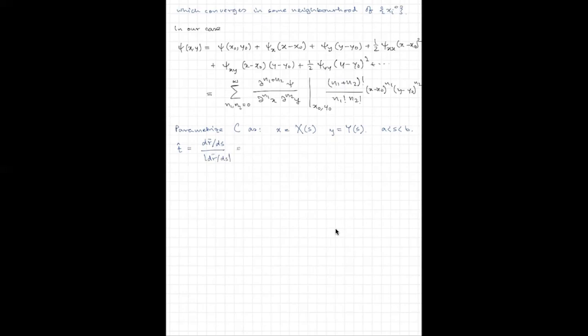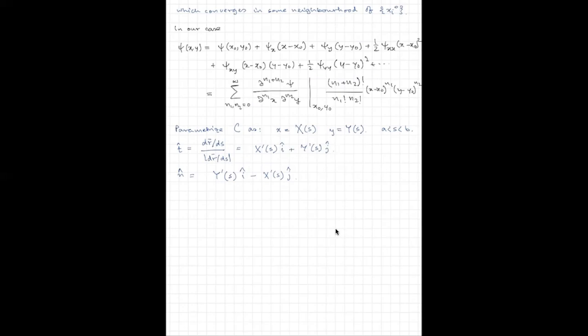This is just x prime s i cap plus y prime s j cap, and for example n is going to be just y prime s i cap minus x prime s j cap. You can read off what n is from t just by demanding that n dot t is equal to 0.